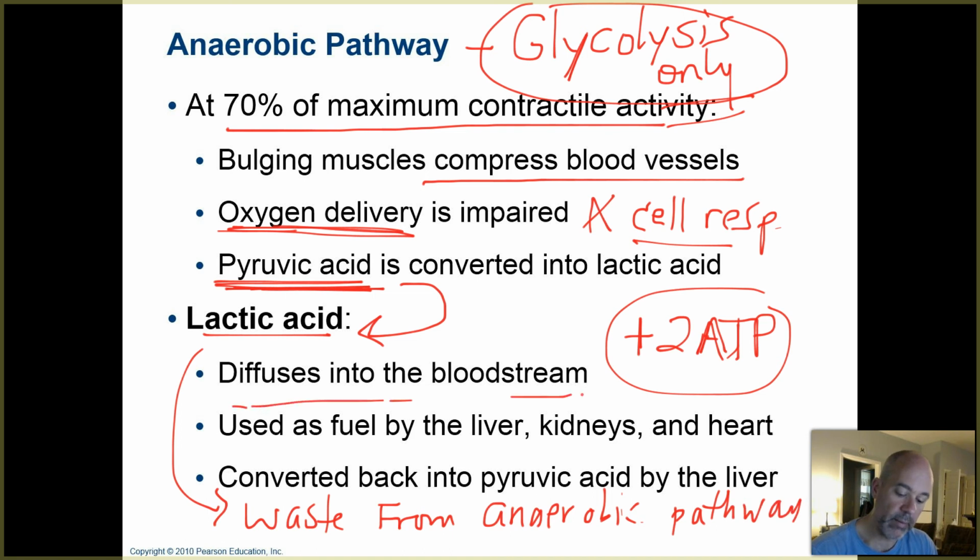And then it gets out into the bloodstream. Actually, it can be used as a fuel by the liver and the kidneys and the heart. The liver will convert it back into pyruvic acid, so it can do the reverse and take that lactic acid waste and convert it back into pyruvic acid. And once you have pyruvic acid again, it can be used for a number of different things, but it's going to funnel right back into cellular respiration, so you can use that for energy.